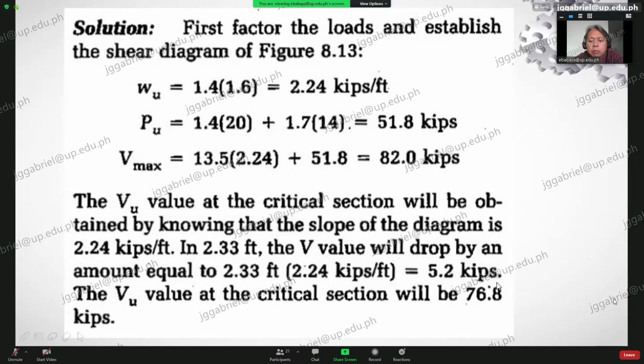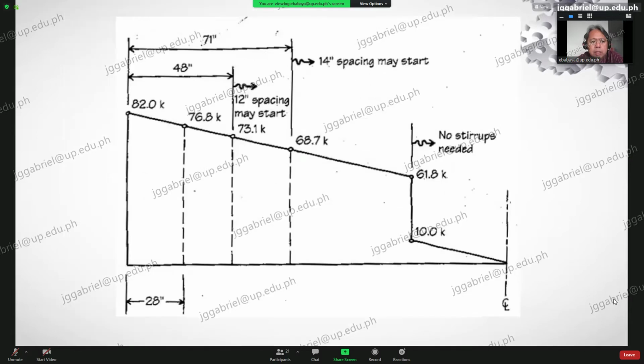Now, if we subtract 5.2 from 82, we get 76.8 kips. Now, what is that 2.33? Okay, let us see. No? Ito sa susunod na slide.